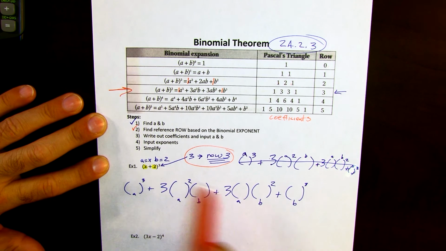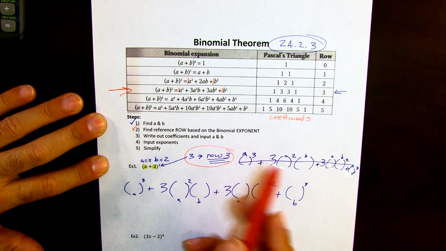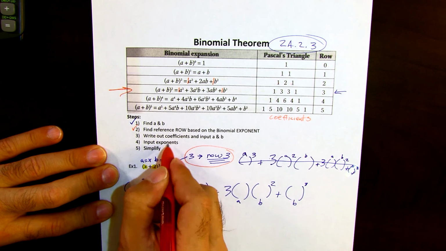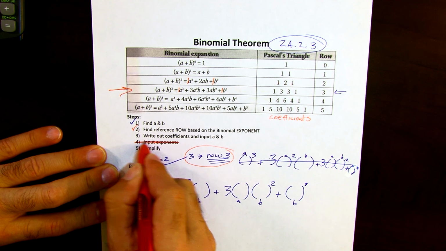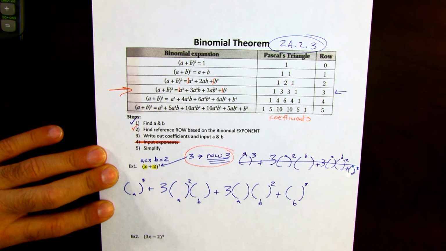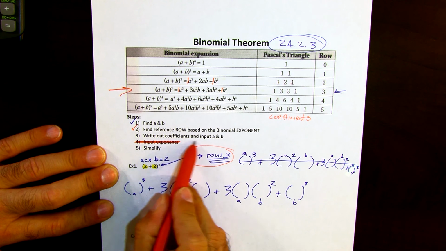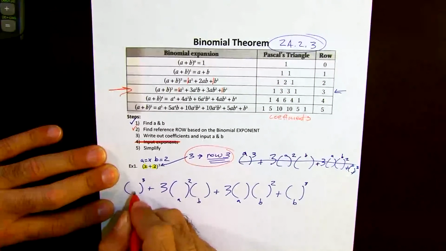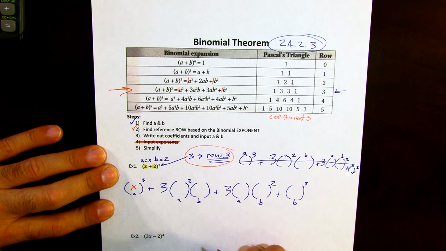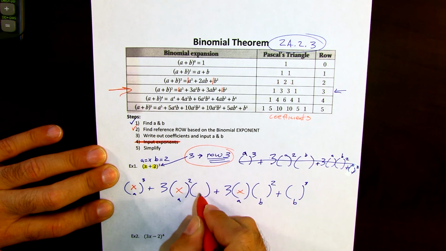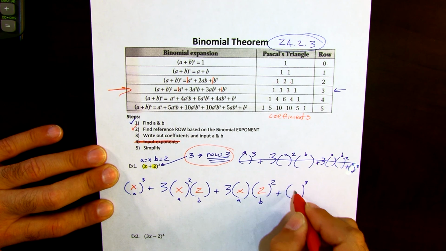We wrote out the coefficients, input A and B. Actually, here's the deal. Take this out. Step 4 is out. That's more on the creative approach, but we're not going to learn that depth today. So now we just write out the coefficients and input A and B. Let's do that. X is A. B is 2. We had already figured that out in the beginning.